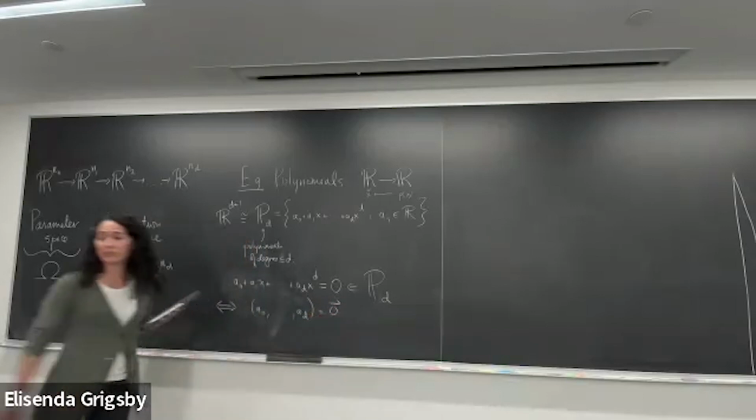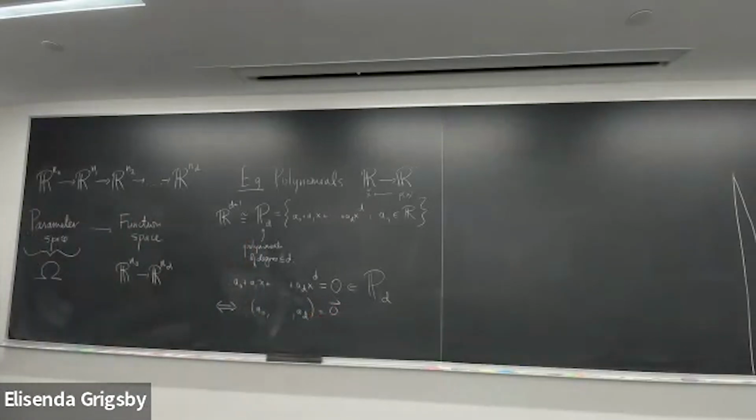It's the zero vector. So this is pretty familiar. And moreover, you can think of the degree D polynomials as being a slightly more flexible class than the degree D minus 1 polynomials, for example.